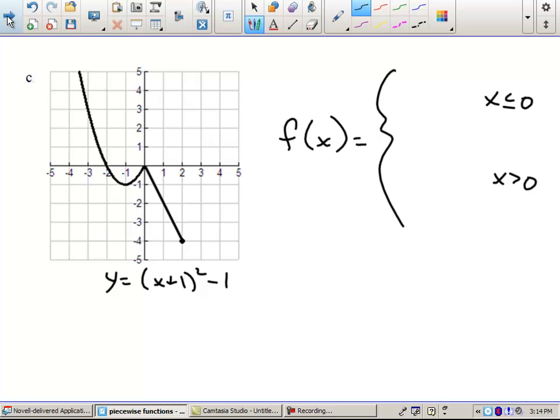Now you may not be real sure about the a value, so let's check. Let's make sure I know my scale factor is right, because I know my vertex is right. I'm sitting here in vertex form with a vertex of -1, -1. I've clearly taken care of that.